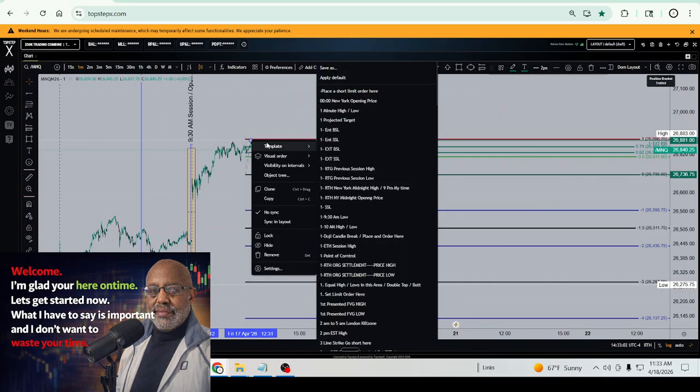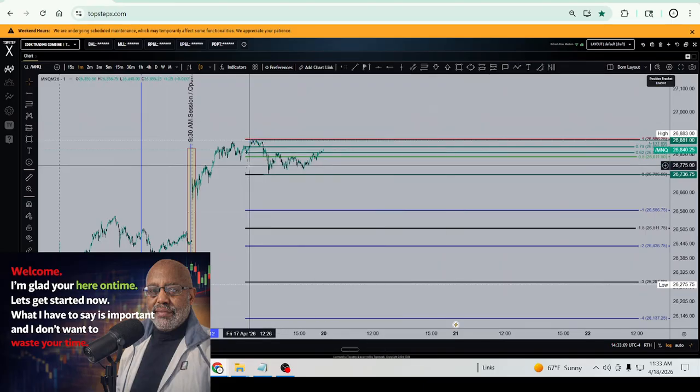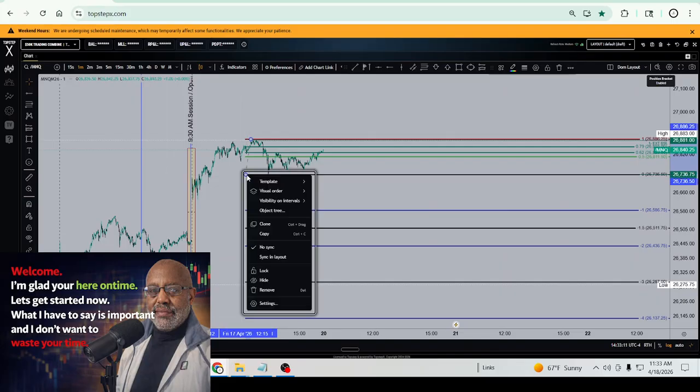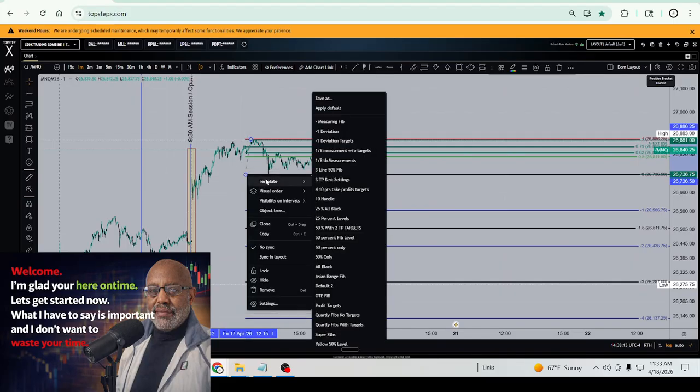different types of Fibonacci's. And I have several different types of Fibonacci's. And why do I have several different types? Because every market's different. If I decide to trade gold, for example, it moves differently than the NASDAQ does.